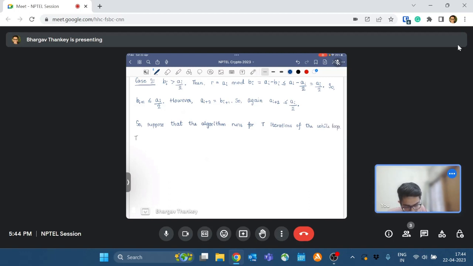Then we'll get that AT is less than or equal to AT minus 1 over 2, which is less than or equal to AT minus 4 over 4, and so on. Ultimately, we'll get that this is less than or equal to A1 over 2 to the T over 2, but A1 is just A.